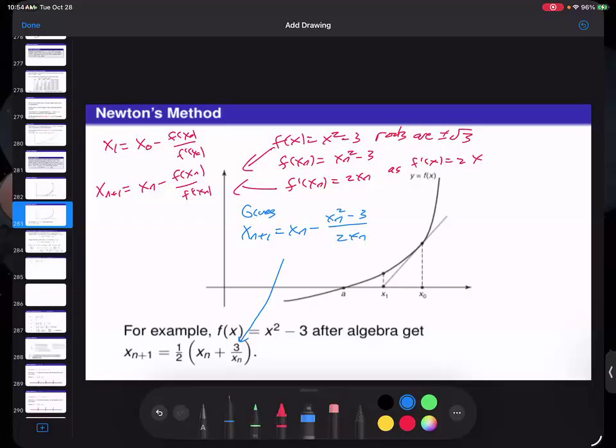Whenever you see a formula, you always want to ask, is this reasonable? It's telling you what should your new guess be as a function of your old guess. If you were really lucky, what would be a great value for xn to be for you?